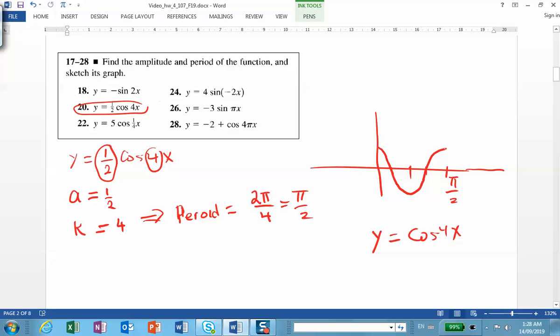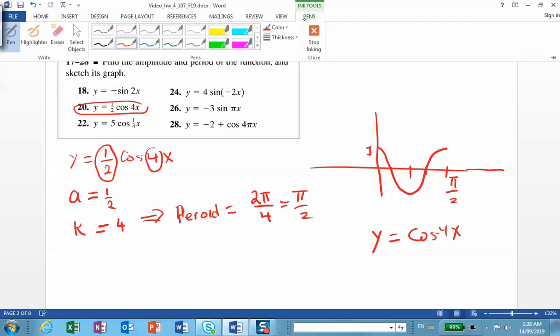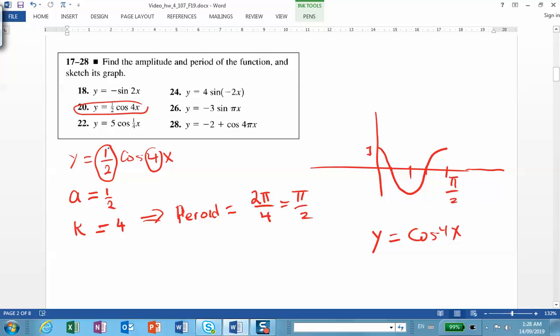Okay, so this is cosine of 4x, but we are interested in 1/2 of cosine of 4x. That means all the heights are actually shrunk by a factor of 2, or all the heights are multiplied by 1/2. So it goes like this, because remember this height is 1, so it has to go to 1/2.